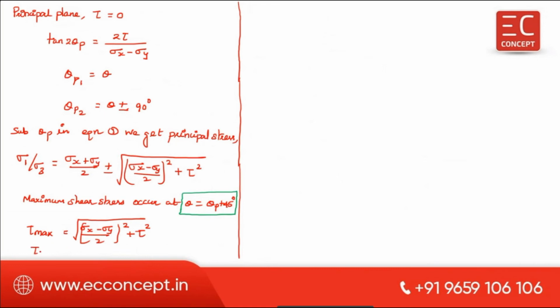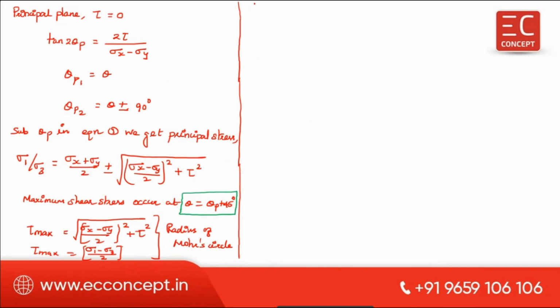Or for tau max, one more formula you have, in terms of sigma 1 and sigma 3, that is sigma 1 minus sigma 3 divided by 2. That also gives the maximum shear stress. Now these two are called what? Tau max means radius of Mohr circle.